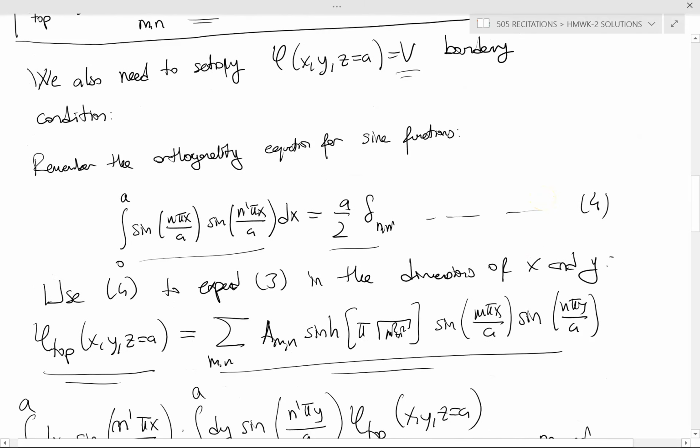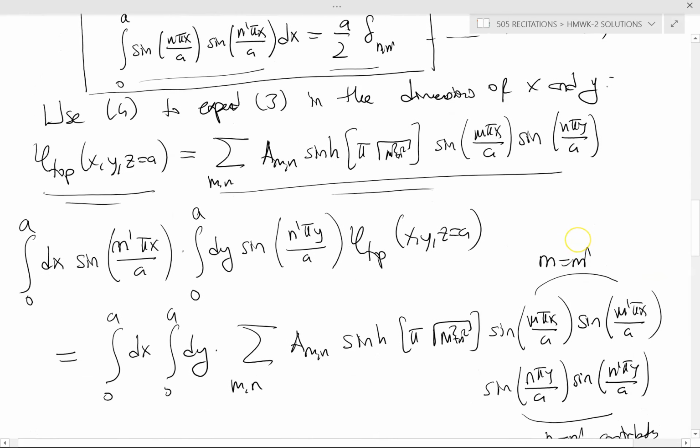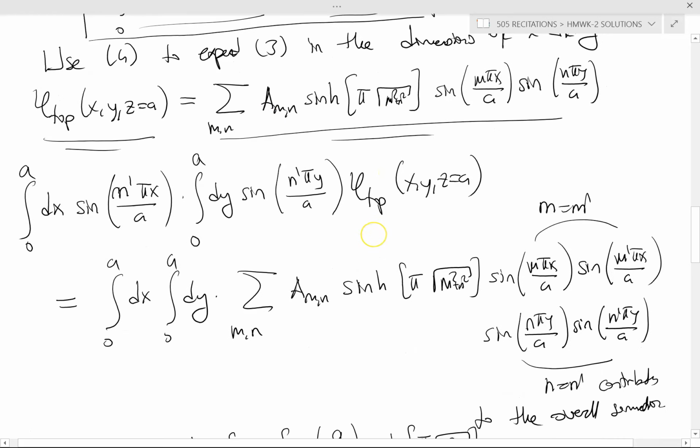Okay, given that the orthogonality equation is this one for sine functions. So by putting some time on it, psi top is equal to this, and let me take the integral with respect to the dummy harmonics m prime and n prime.